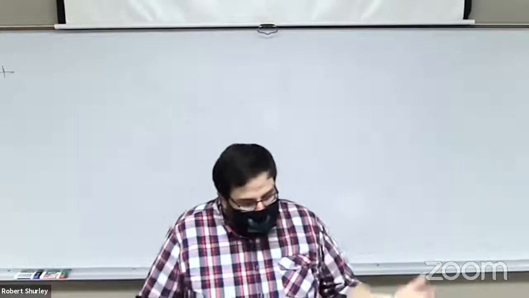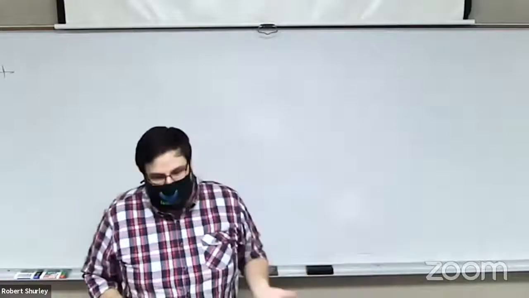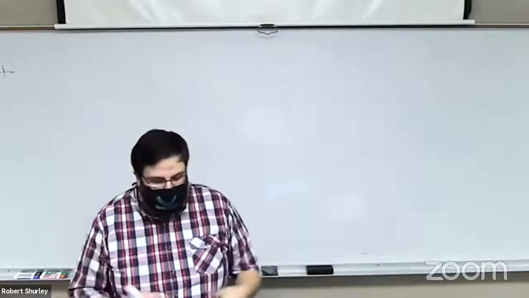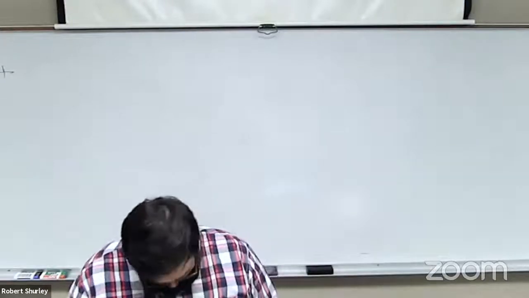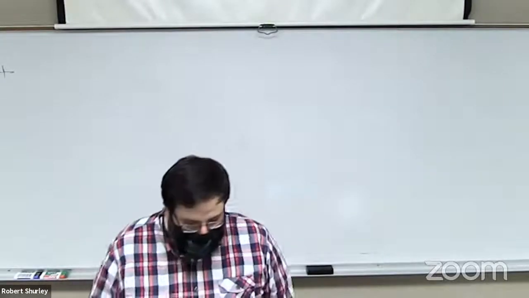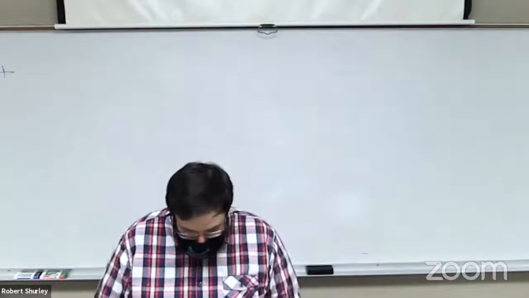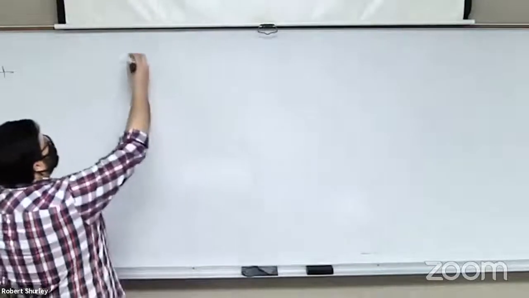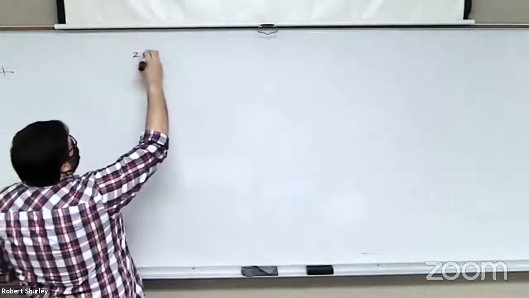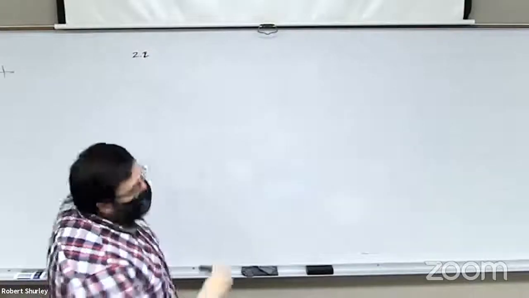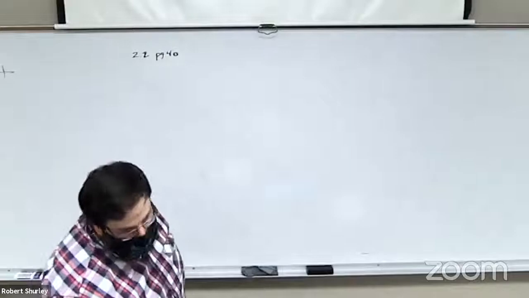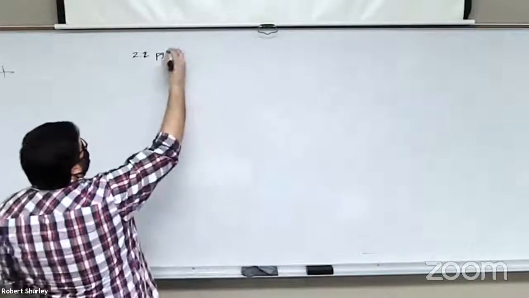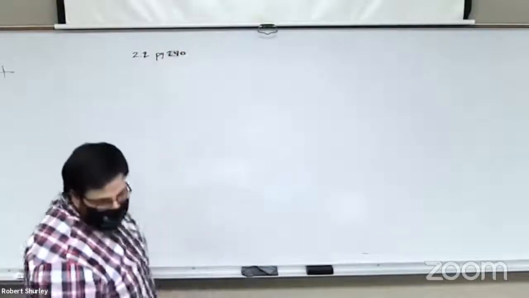Okay, so I just have some additional homework from the last class. So the last class I already gave you some homework. I'm going to just give you the piecewise questions now. It's not that many. It's only 37 through 41. So in 2.2, I'm sorry, 2.2, page 240.